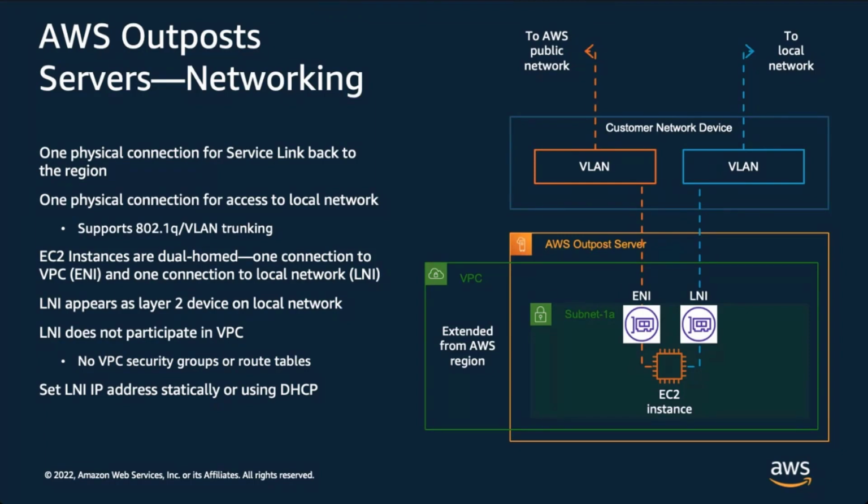You would typically separate these with a VLAN: one VLAN for the traffic going to the region to maintain that connectivity, and another VLAN for things going over your local network. You can have multiple VLANs coming into the Outpost server if you want to. It's really up to you how you do it, but you can just have one single VLAN and leave it at that.